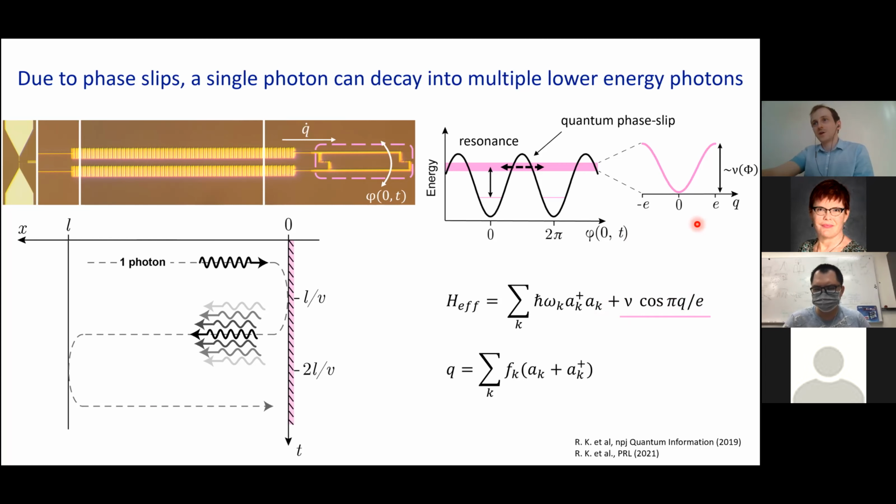So that's a connection of an impurity in a Luttinger liquid to the physics of a small Josephson junction. The only difference between this model and the boundary Sine-Gordon model is that we also have a resonance. If there were no resonance, it would be exactly a boundary Sine-Gordon.